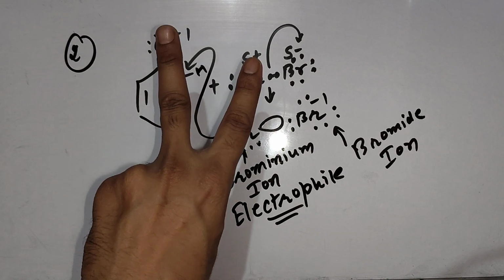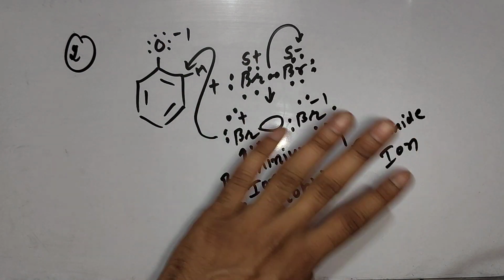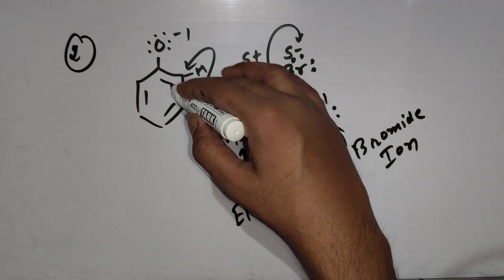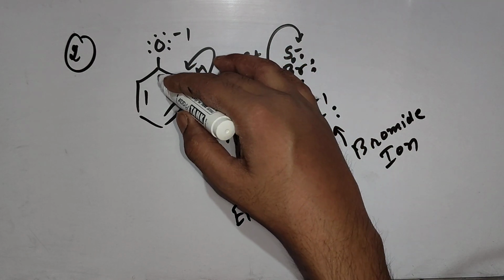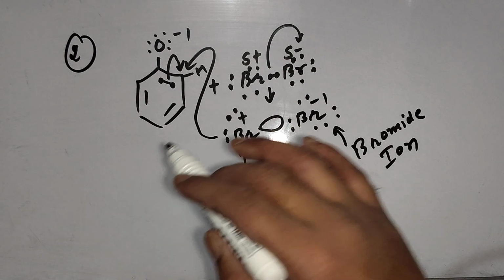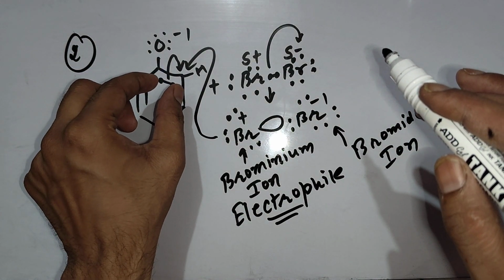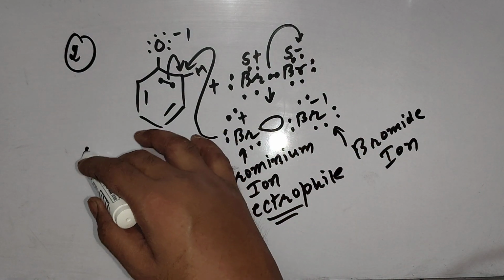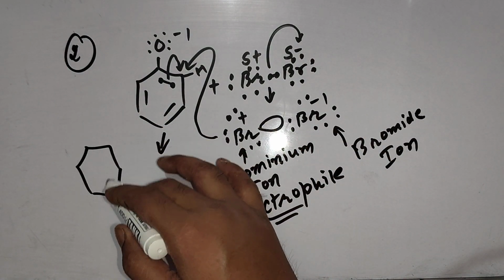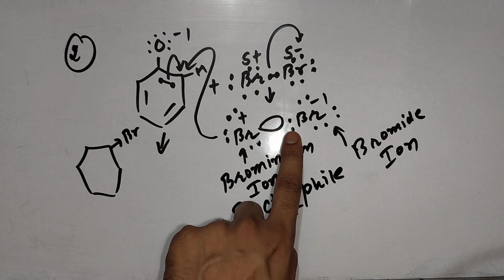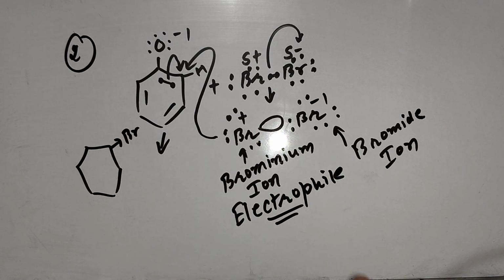But for bond formation, 2 electrons are required. This bromine doesn't have electrons, so the responsibility will be of this carbon. How will this carbon provide electrons? It will break the bond from its neighboring carbon and shift here like this. With the help of these 2 electrons, it will make a dative bond with this brominium ion. Like this, the vacant orbital of brominium ion will be filled.